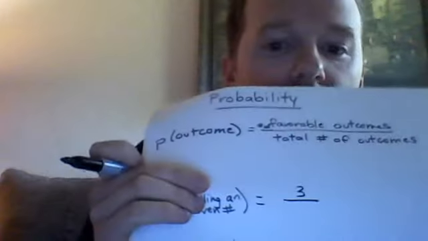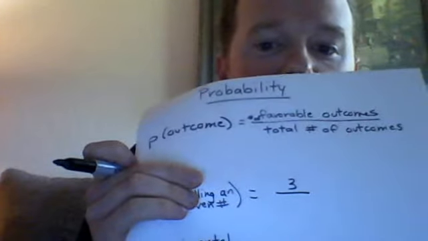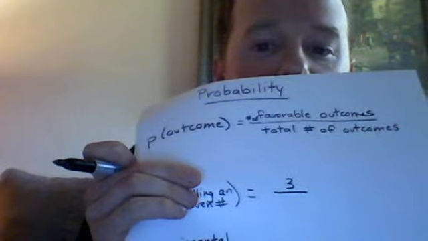So for the top part of our ratio, I'll put that there are 3 favorable outcomes of us rolling an even number. Next, we need to discuss the total number of outcomes.